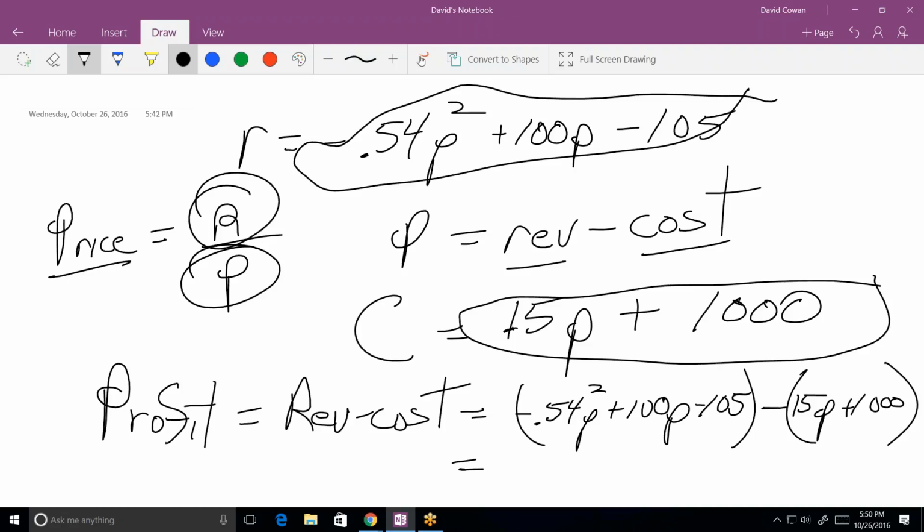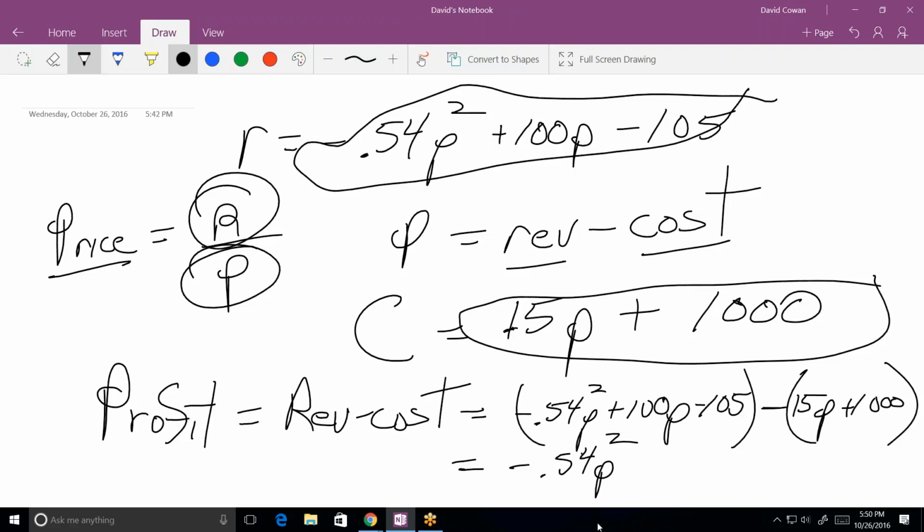In other words, you can subtract. I got 100p over here, and I'm going to subtract 15p. Well, first I have to distribute the negative, right? And we only have one p squared term, and that's that one. So first you got to remove the parentheses, which means distributing that to the 15p and the 1,000.